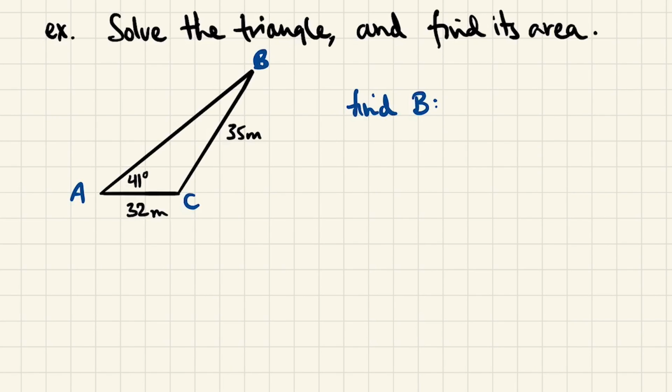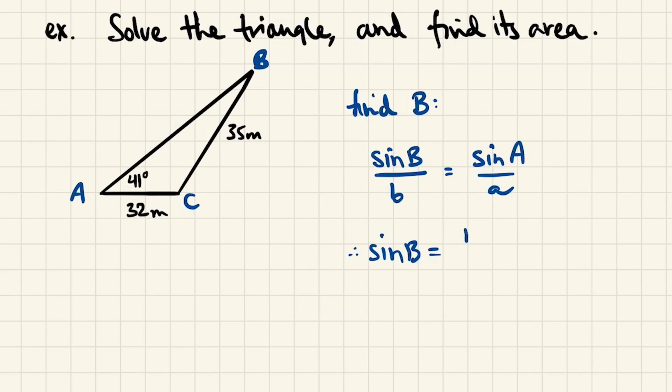All right, and because we're looking for an unknown angle, we're going to use the law of sines arranged in such a way that the unknown angle is in the numerator. So I'm going to write sine of capital B over little b. Okay, and we're going to use the A-A pair, which we are given. And therefore, sine of capital B is little b times sine of capital A divided by little a.